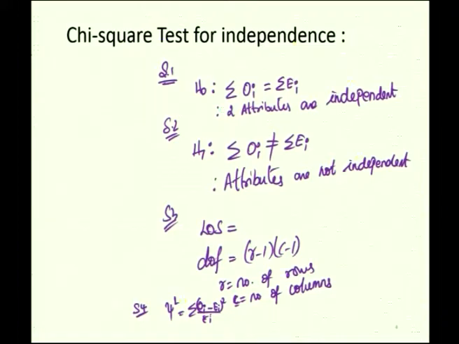And step 5 is conclusion part, comparison between calculated value and tabulated value. If it is lesser, H0 is accepted. If the calculated value is greater than tabulated value, then H0 is rejected. Okay. So, in that sense H1 will be accepted, and then we draw the inference based on the comparison.